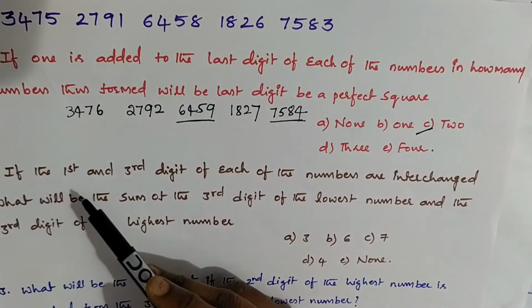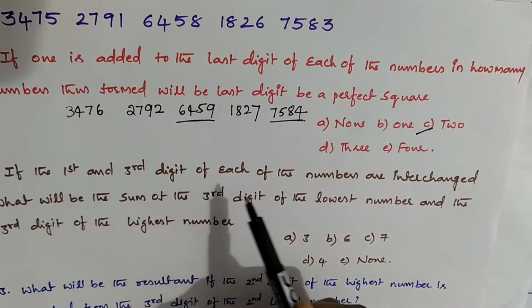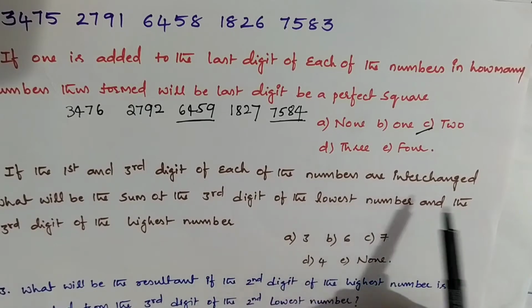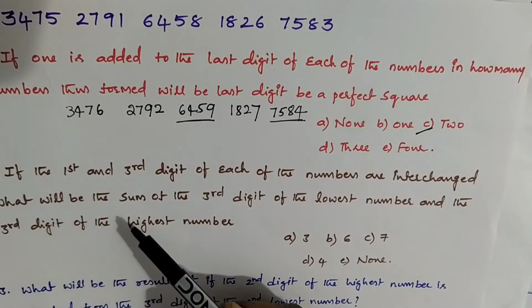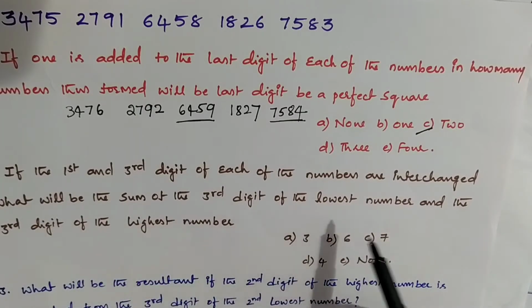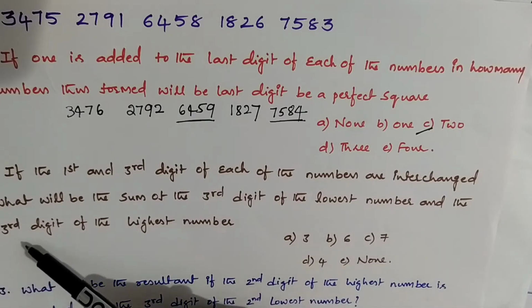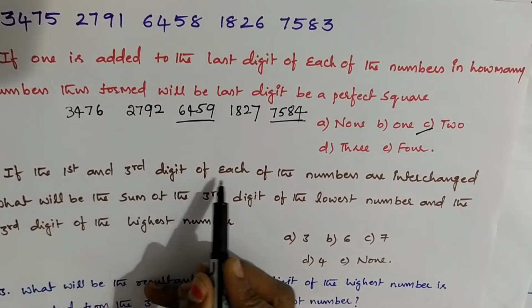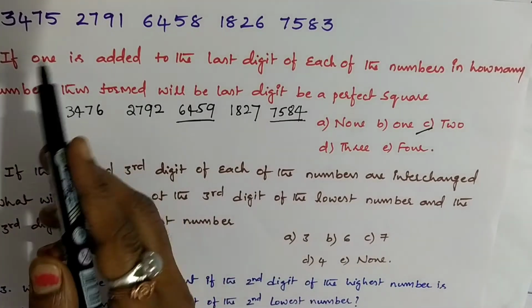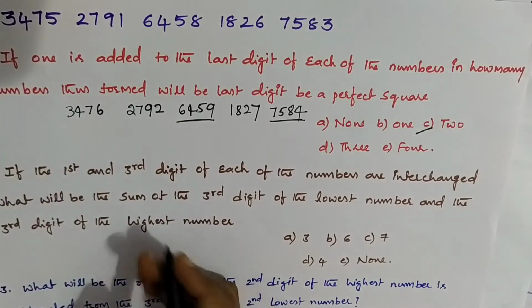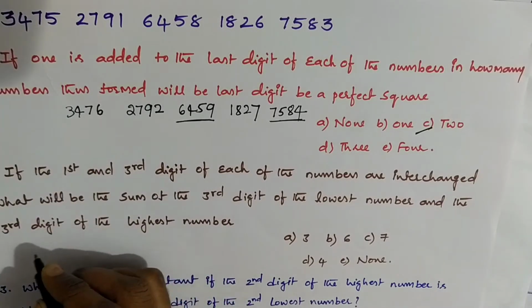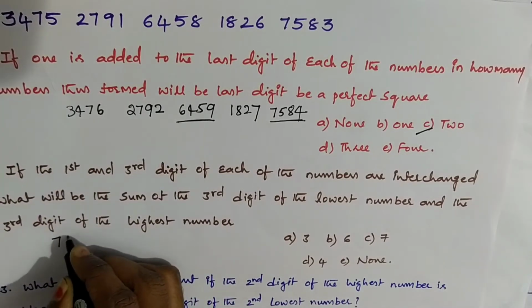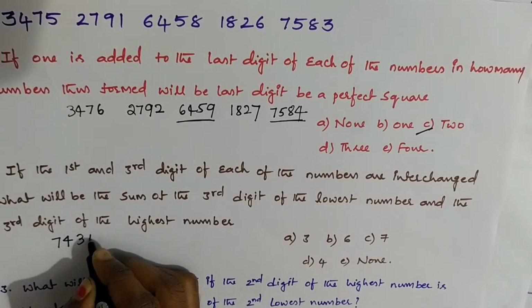If the first and third digit of each of the numbers are interchanged, what will be the sum of the third digit of the lowest number and the third digit of the highest number? Here, 7, 4, 3, 5.